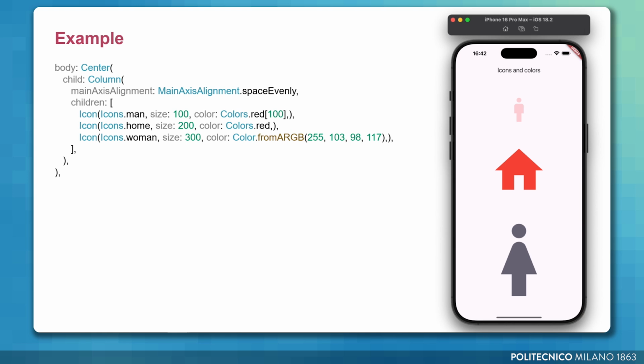This constructor takes four parameters: alpha, which sets transparency from 0, fully transparent, to 255, fully opaque, and red, green, and blue, each ranging from 0 to 255 to define the color. While we won't go into the details of Dart constructors here, this example shows how to use the color class directly when more precise control is needed.